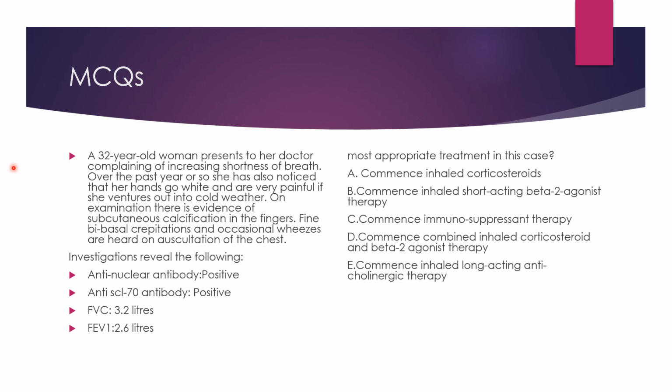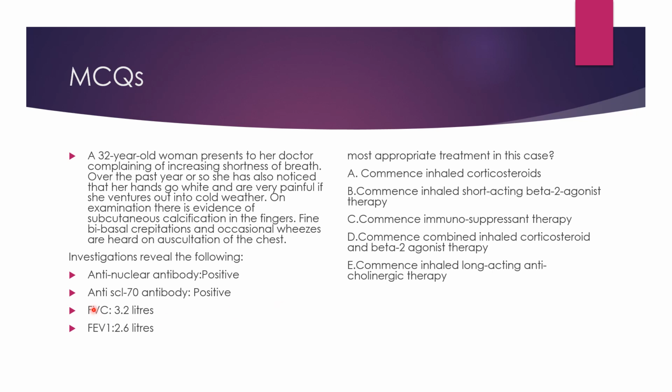It could be a restrictive lung disease, but if you don't want to remember all these numbers that are difficult to remember, it is easier to just do some maths: 2.6 divided by 3.2, you get 0.8. So that means it is 80%. Obviously the ratio is more than 70%. You know that it is a restrictive lung disease.